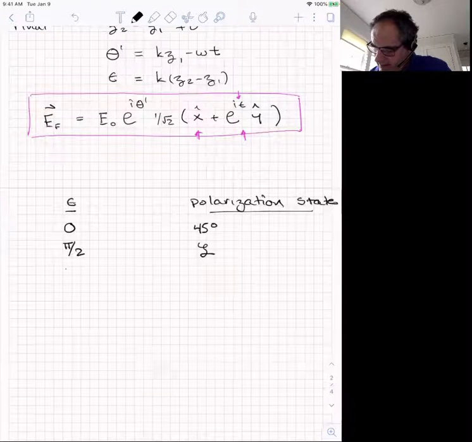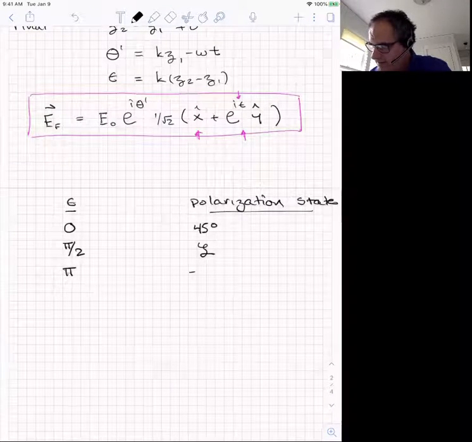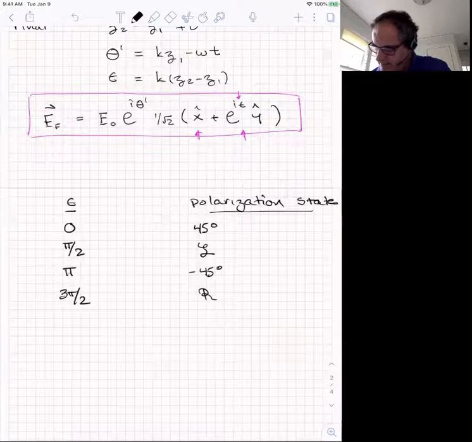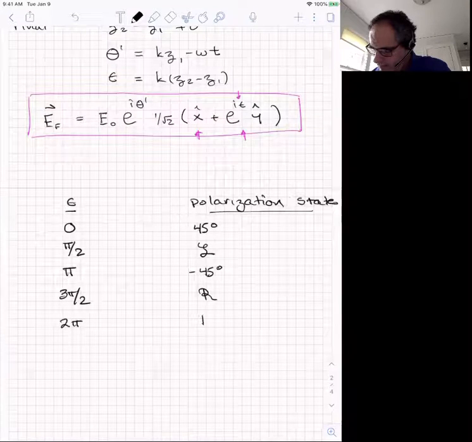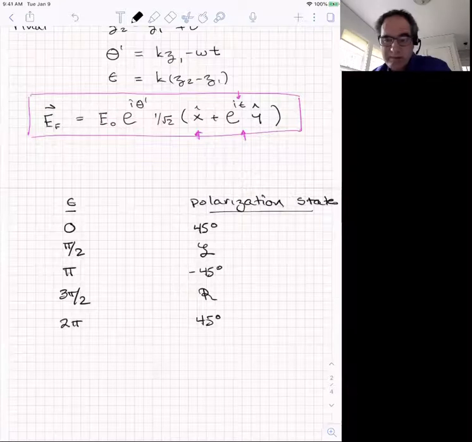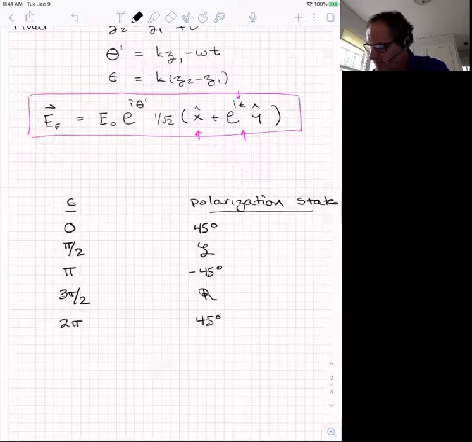If the phase shift were pi, then the light would be polarized at minus 45 degrees, and so on. Finally, if the light were delayed by a phase of 2 pi, one whole cycle, then we'd be back where we started.